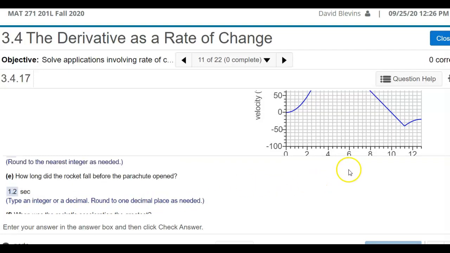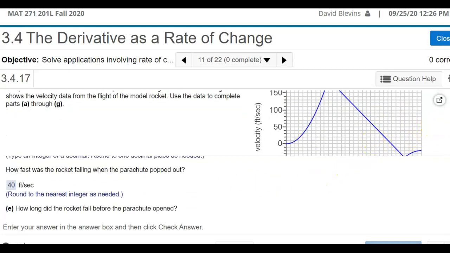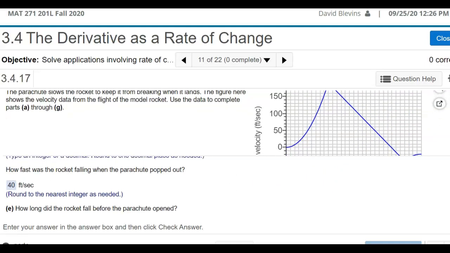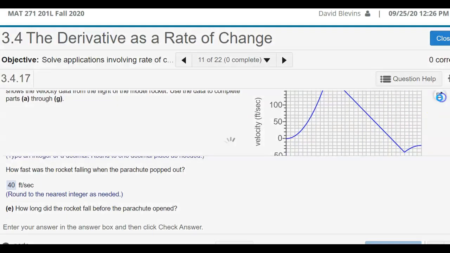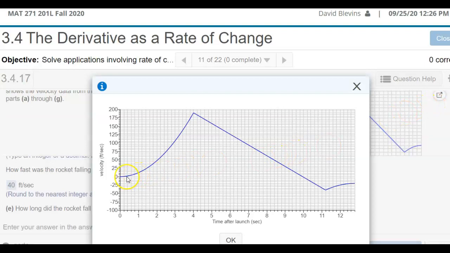All right, and then when was the rocket's acceleration the greatest? So acceleration is the derivative of velocity. So again, what we're being asked to do here, let me go back to this picture, is where would the tangent lines of this be the steepest? So imagine tangent lines being put on here. If I put a tangent line there, now this is obviously linear, so its tangent line is that line, and then a tangent line right there at that change.